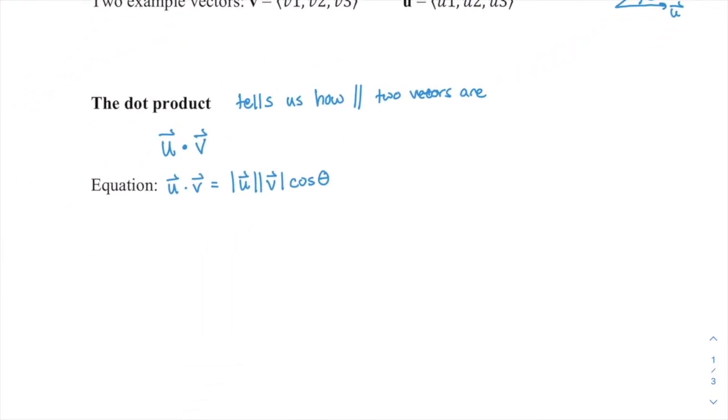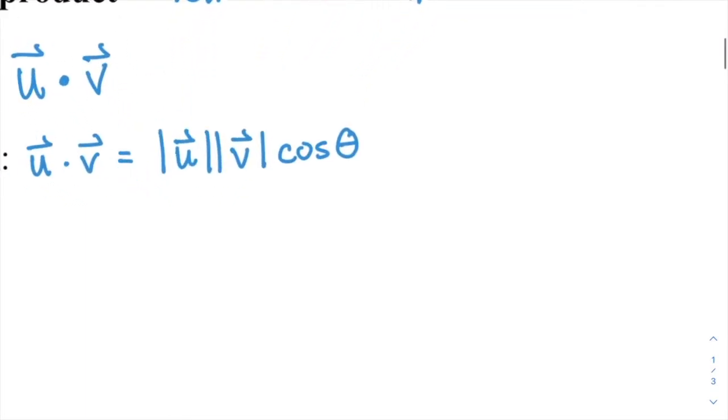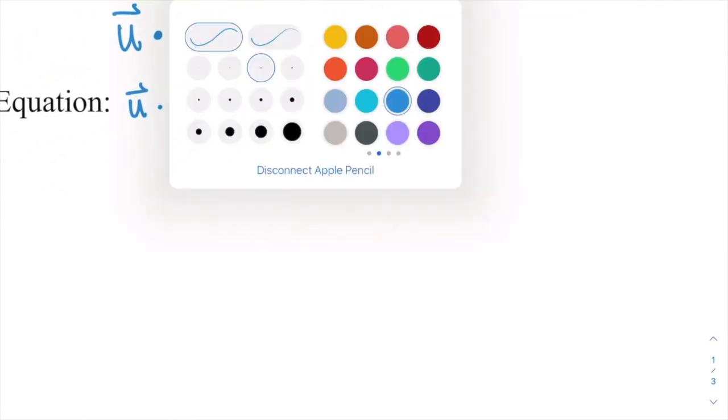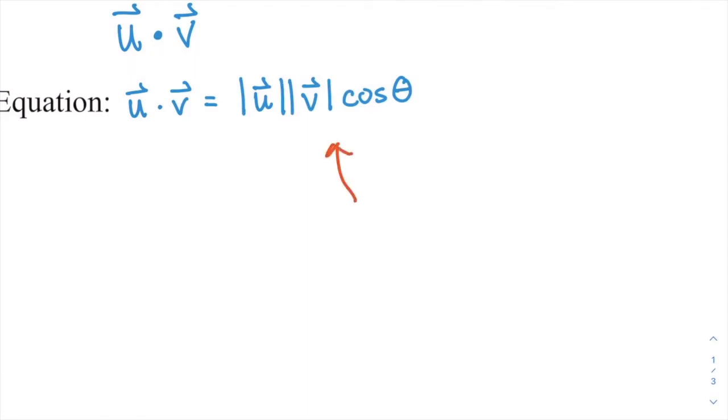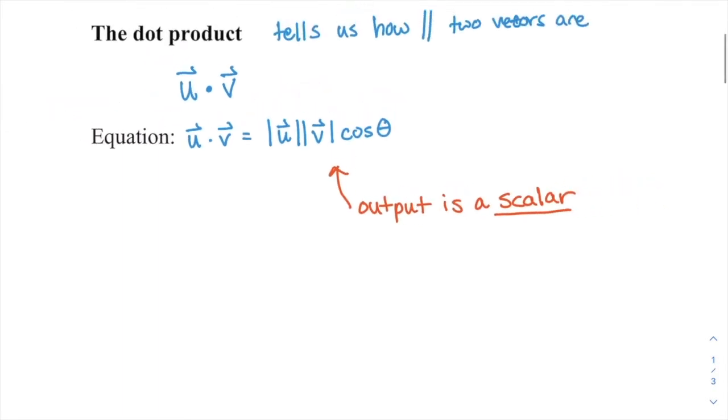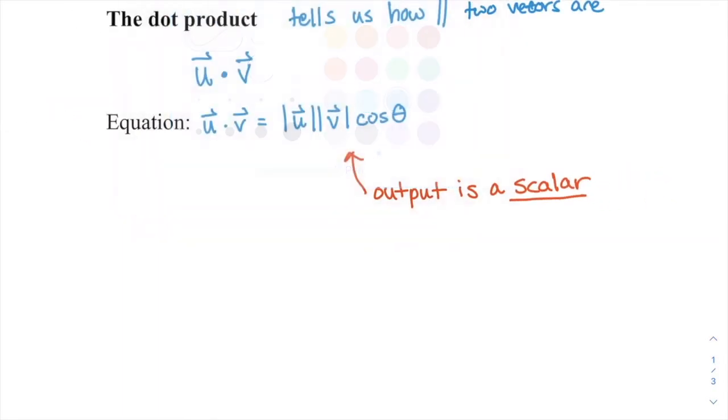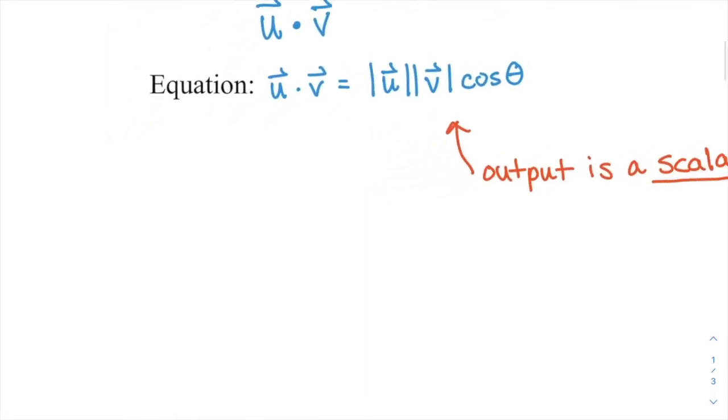So if you notice, the output of the dot product is a scalar, right? So it's just a number. And another way to calculate the dot product, if you don't know the specific angle between two vectors, is to write it like this. This is the way we'll usually be calculating the dot product, by summing the product of the like terms.